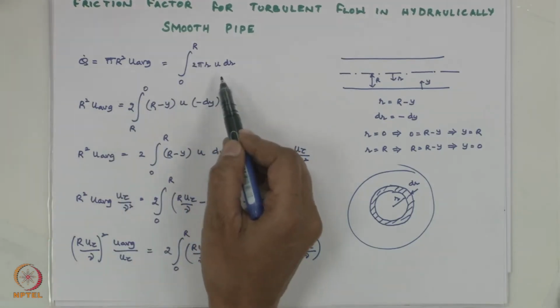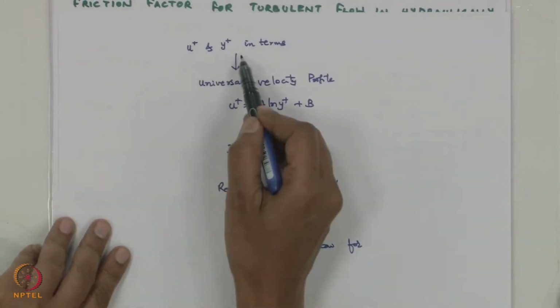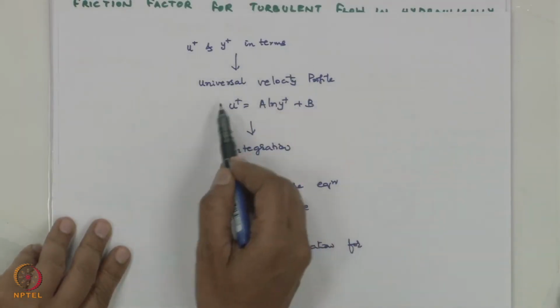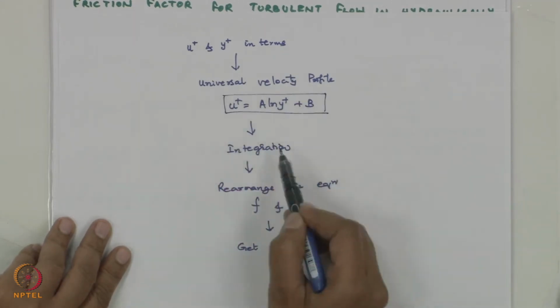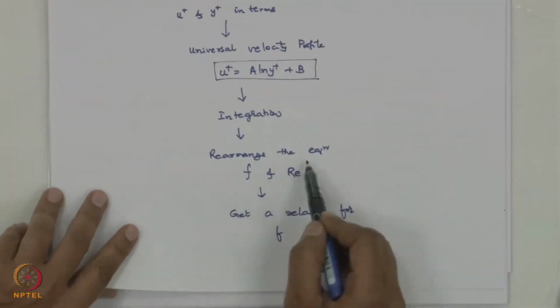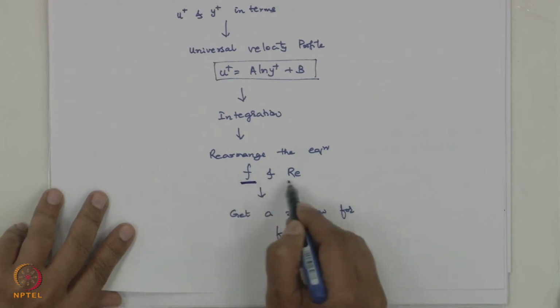Now in this we replaced u and y in terms of u plus and y plus, and substituted for u plus the universal velocity profile, did the integration, rearranged the equation, and wrote that in terms of f and Re.